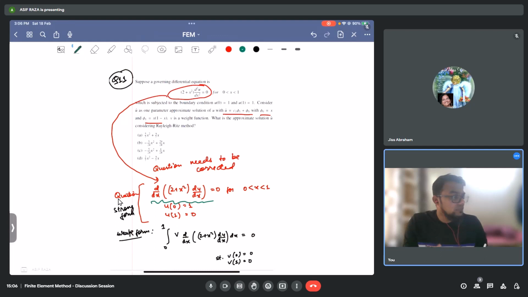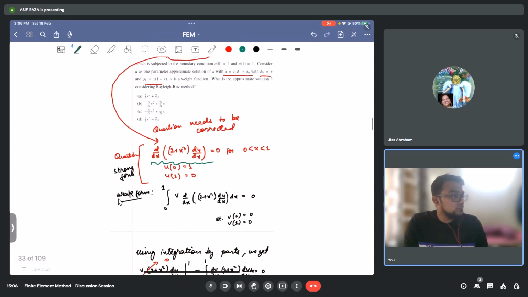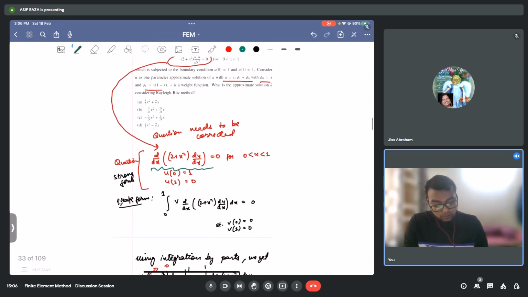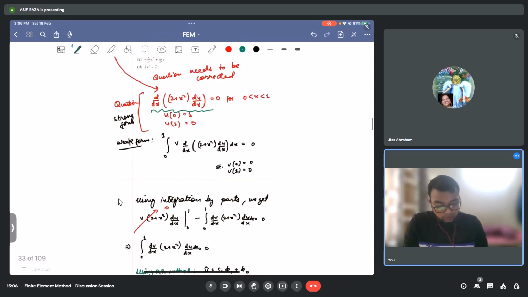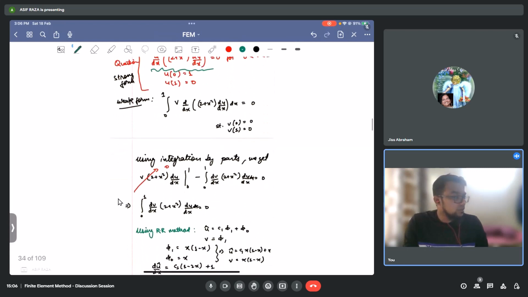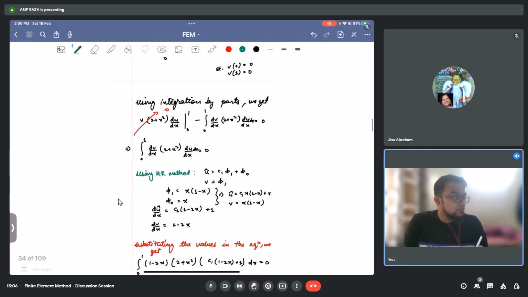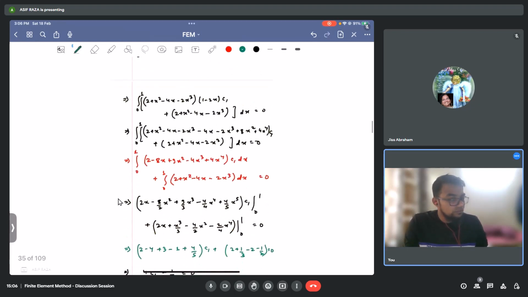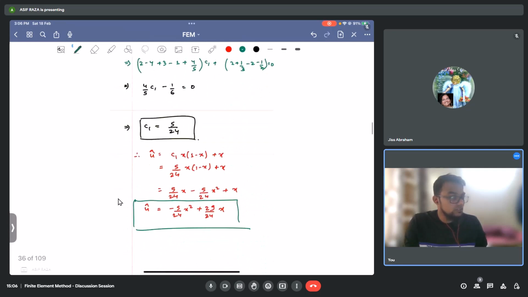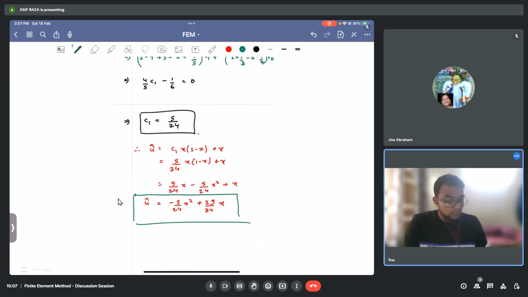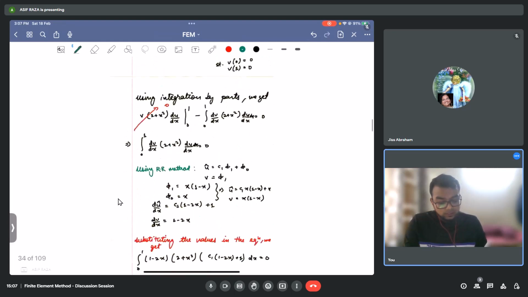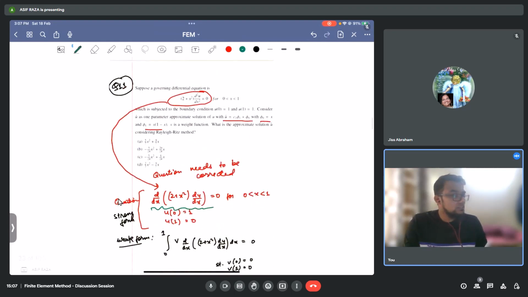If we apply this and then solve as we were doing earlier, multiplying with the weight function, using integration by parts and expanding the term, then substituting the approximation function and the weight function we are given, and simply solving, we'll get the solution which we wanted. This needs to be corrected.